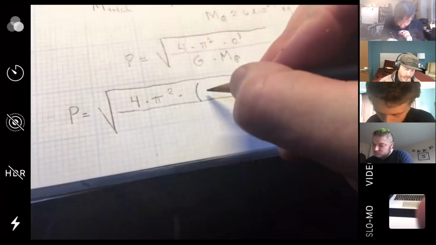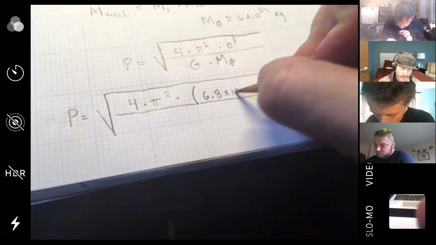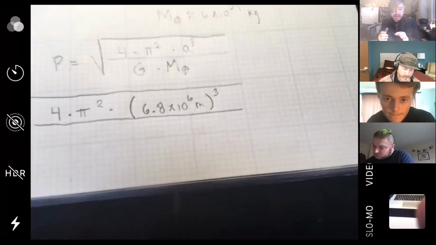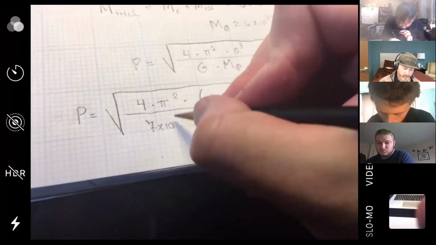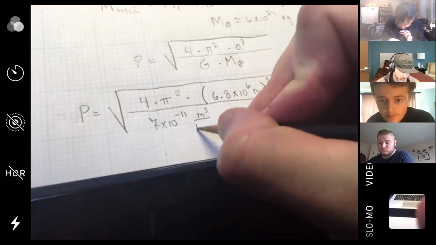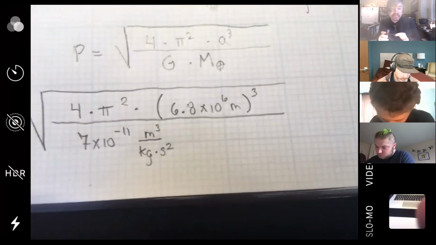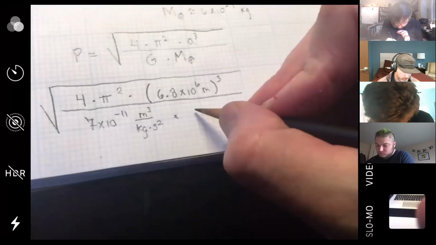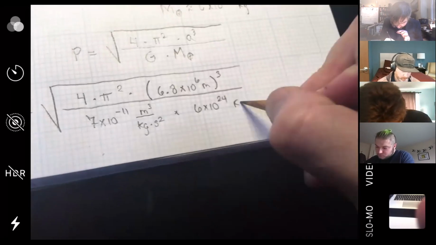So 6.8 times 10 to the 6 meters, cubed, divided by big G, 7 times 10 to the minus 11 meters cubed per kilogram per second squared, times the mass of Earth, 6 times 10 to the 24 kilograms.